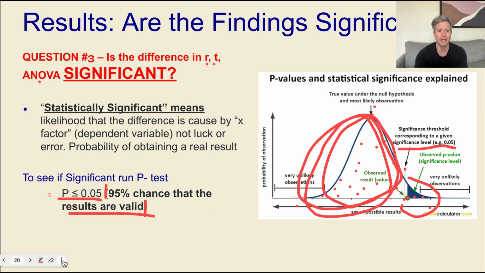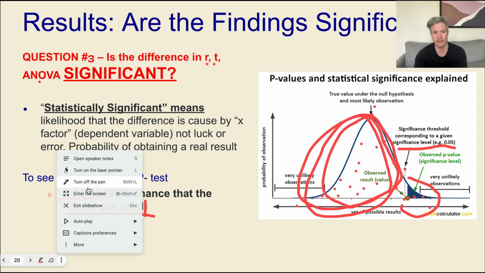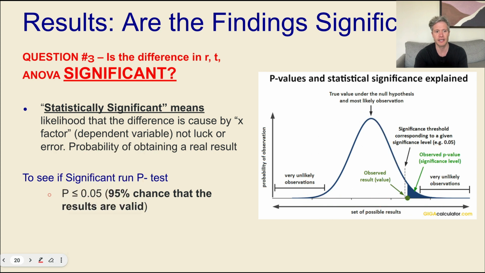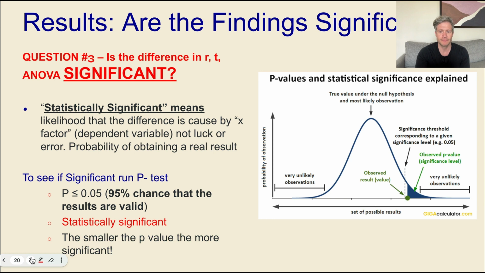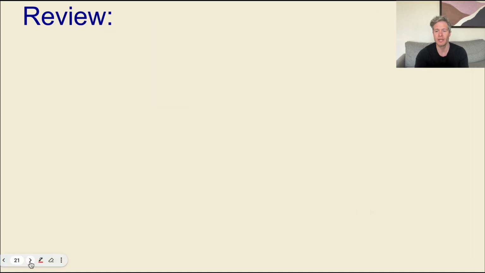Okay, and so that's why finding something that's statistically significant is mathematically based off of probability. You are supporting your hypothesis, right? And that's important in science. So again, the smaller the p-value, not that we initially set to test at, but what we find, the more significant it is. Okay, let's take a little practice here.